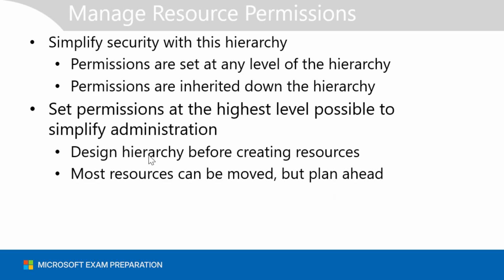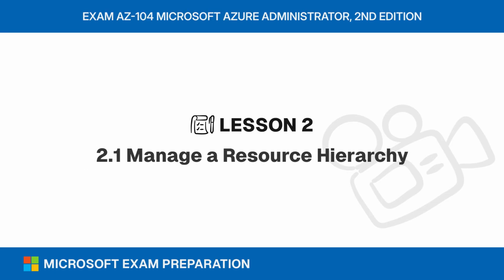You want to set your permissions at the highest level possible so that maybe someone has permissions at the resource group level and therefore they can manage all the resources in that group. It is possible to move resources. We'll mention that later in this lesson, but it's best to plan ahead because it's just less work later.